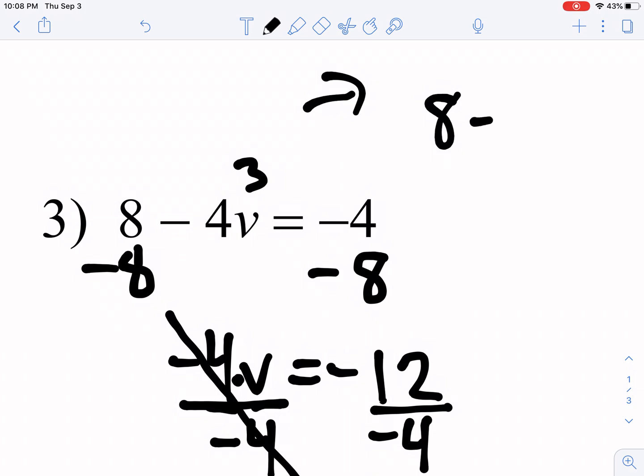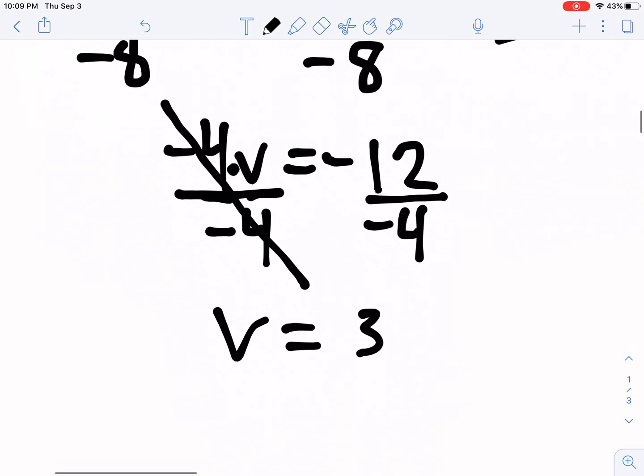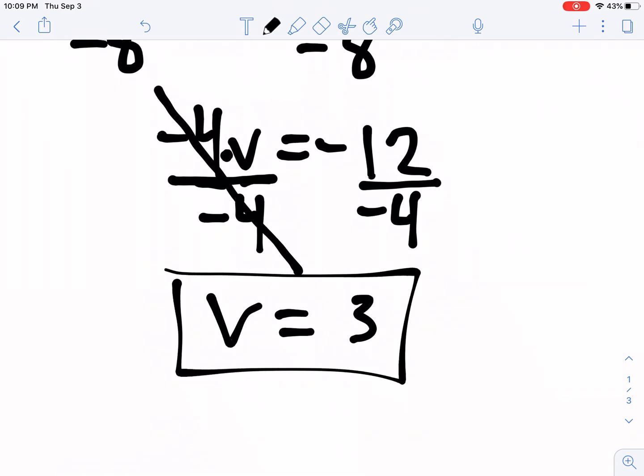Negative 12. So we'd have minus 12 equals a negative 4. Okay? Now I have 8 minus 12. Different signs, positive and negative. We subtract. 12 minus 8 is 4. And keep the sign of the larger value, which is negative. So, do we get what we want? Yep. So this is my answer.